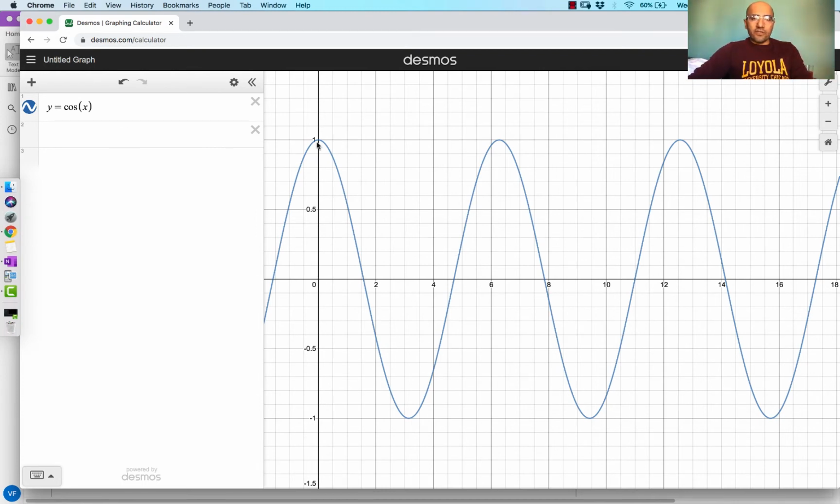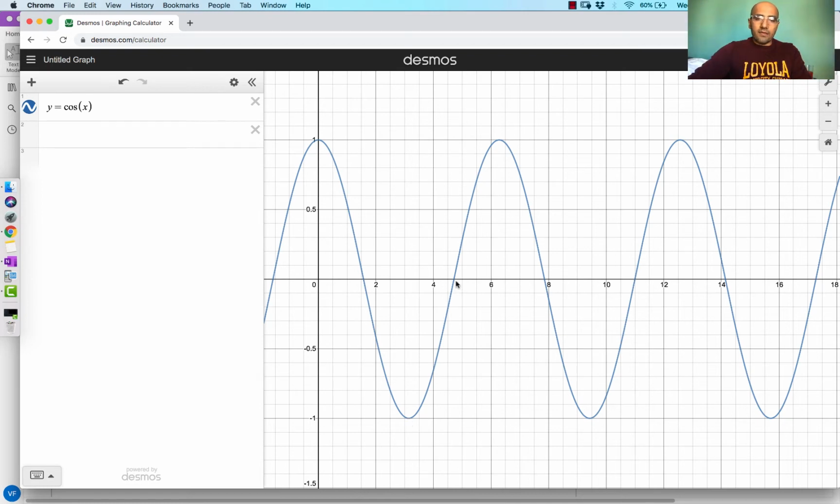Here's the cosine function. It starts off at this point here when the input, the argument of the cosine function, is 0. Then we get an output of 1. And then it comes down, down, down. It's going to cross at pi over 2. It reaches the very bottom of its cycle at -1 when the input, the argument, equals pi.